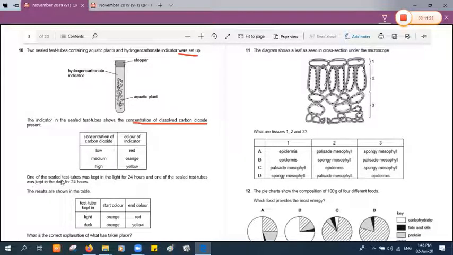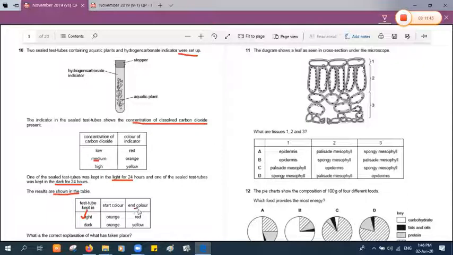One of the sealed test tubes was kept in the light for 24 hours, and the other was kept in the dark for 24 hours. The results are shown in the table. Here, the test tube kept in the light is orange, and orange is for medium.